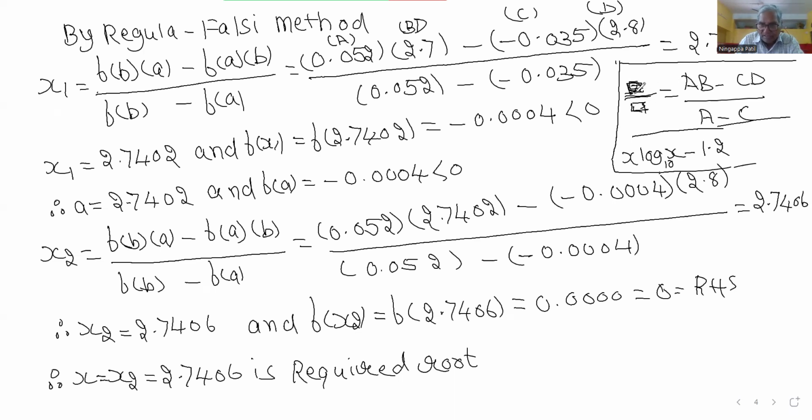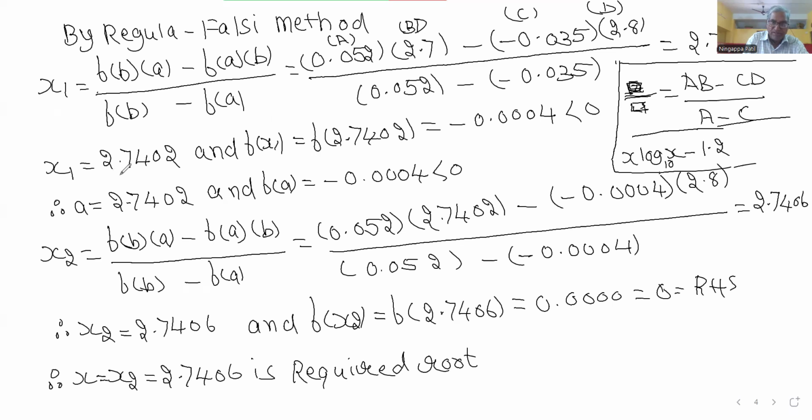And you bring this, alpha A, alpha B, minus alpha C, alpha D. And divide, you bring the cursor to the denominator, alpha A minus alpha C. You bring this expression on the calculator and you press the calculate button. It asks the value of A, B, C, D. Look here. This is A, 0.052, B, 2.7, and C, minus 0.035, D, 2.8, and equal to. You are getting this value.